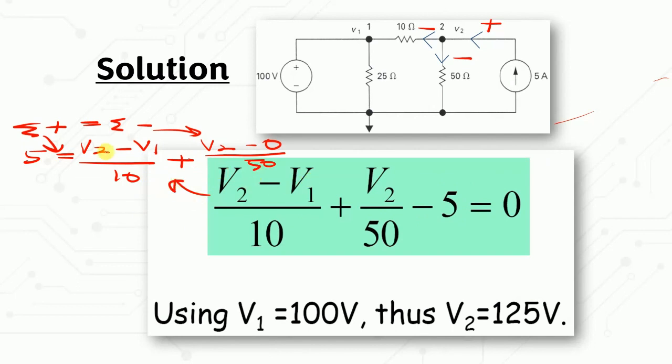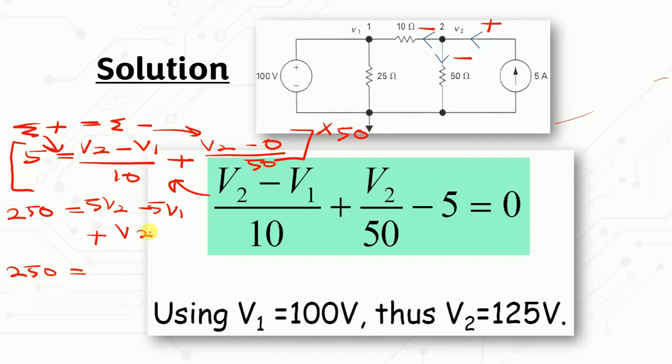So you can just simplify this equation. I think we just need to multiply it by 50. So you will have 250 equal to 5V2 minus 5V1 plus V2. So 250 equals 6V2 minus 5V1.